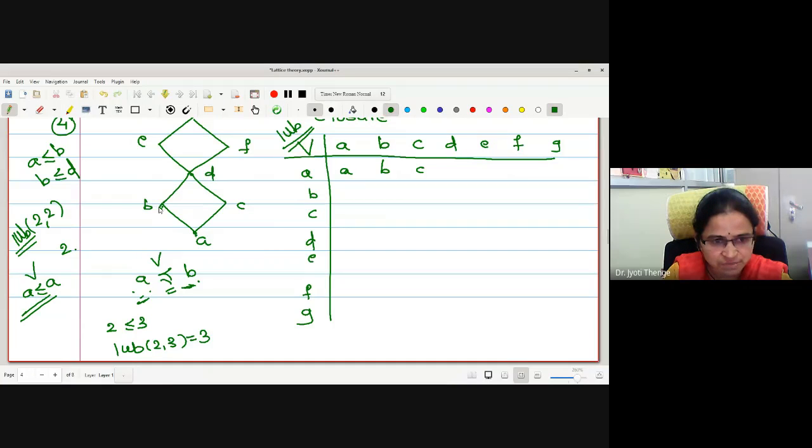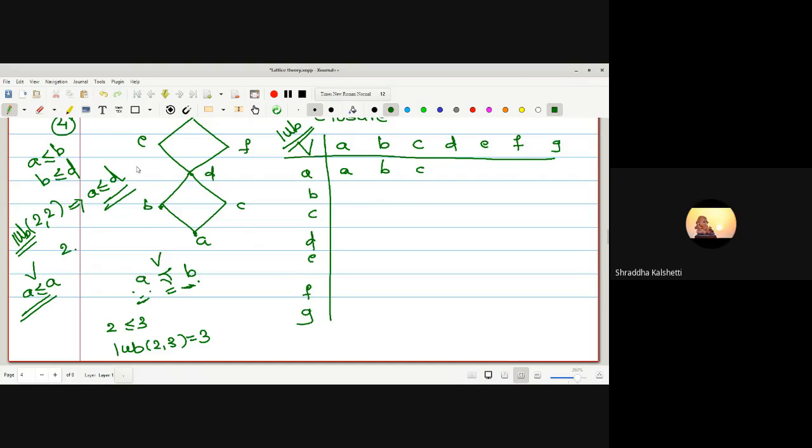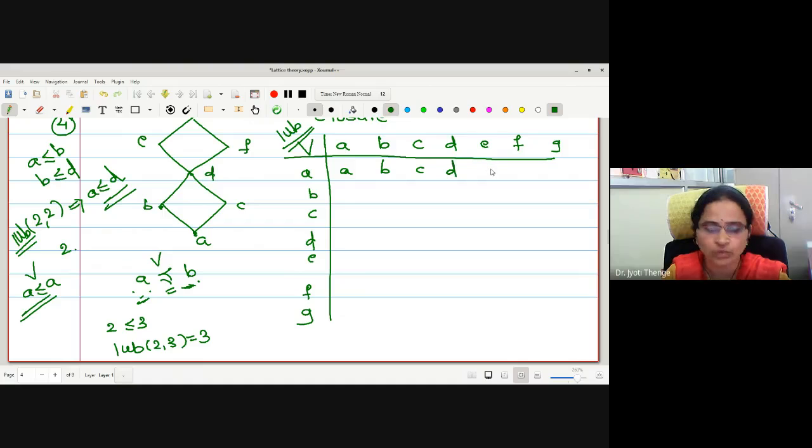Therefore, surely A precedes D. What is the least upper bound among the two? D. What for the remaining, shall I write? As it is: E, F, G.